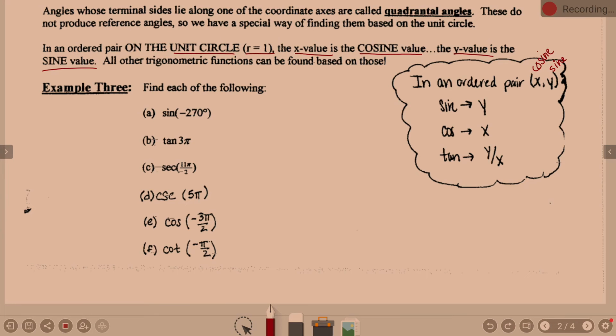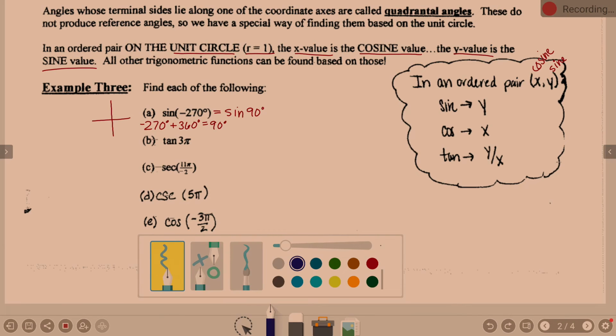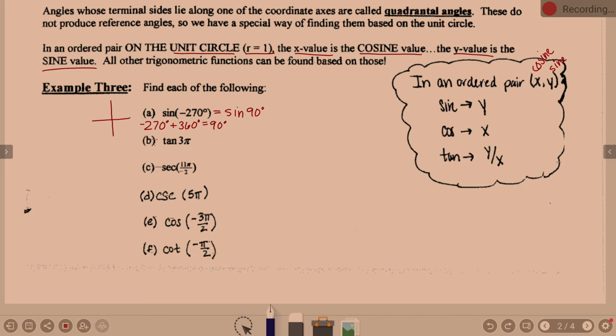Let's do it. What is negative 270 plus 360? 90 degrees. So what we're really going to be doing is the sine of 90 degrees. Okay, so there's my cute little axes here. Where is 90 degrees?